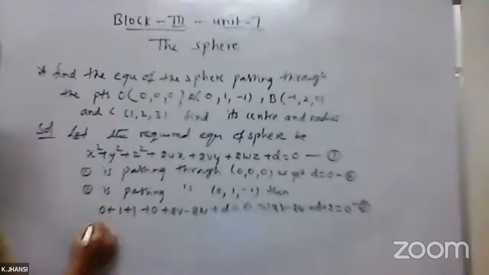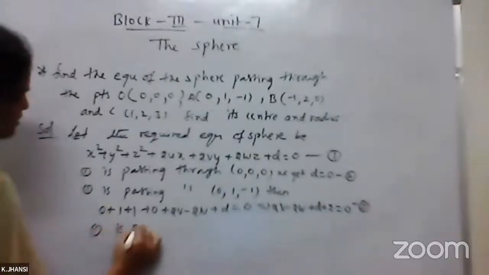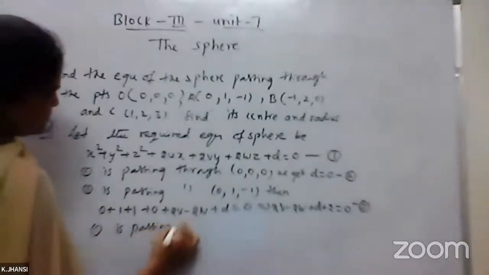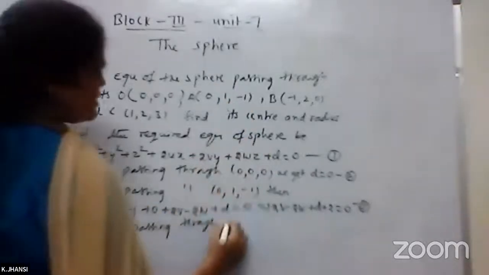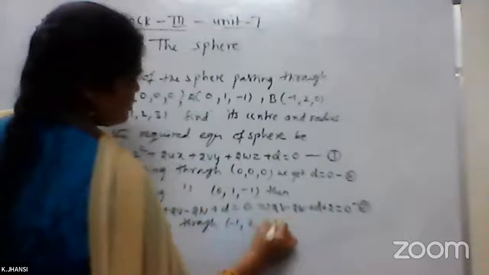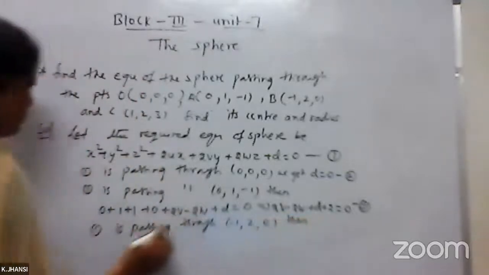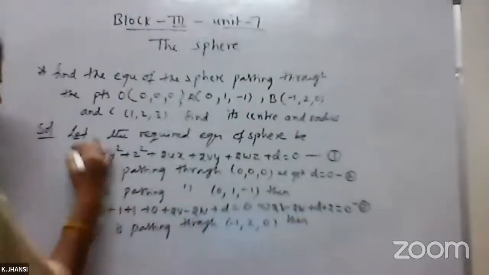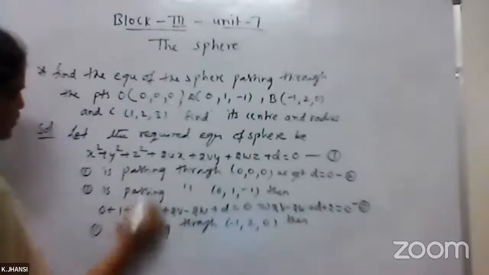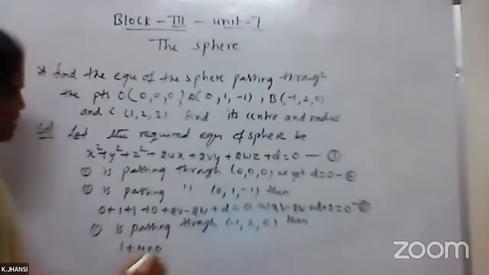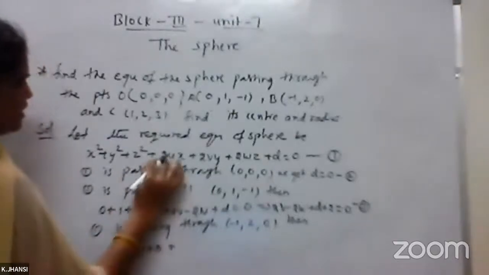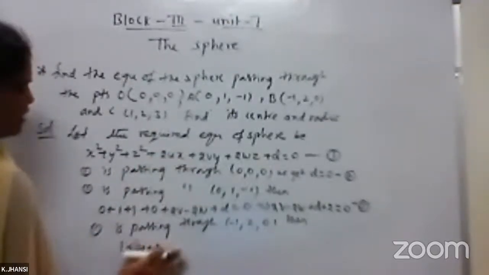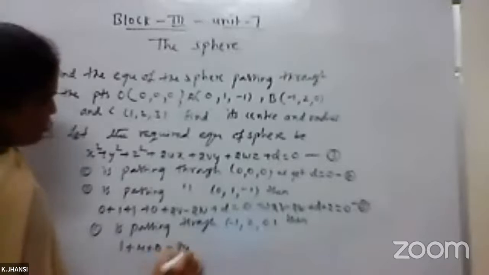So when equation 1 is passing through the third point, it is -1, 2, 0. So -1 whole square you will get 1, 2 square is 4, plus here we have 0. Next, here it is -1, so you will get -2u.